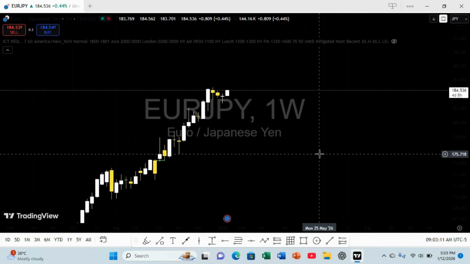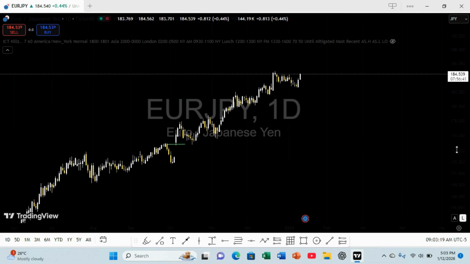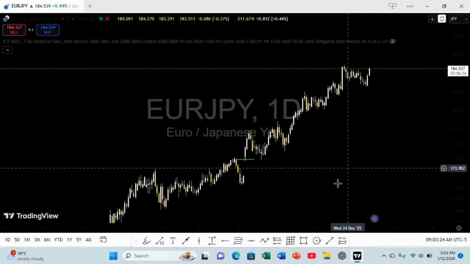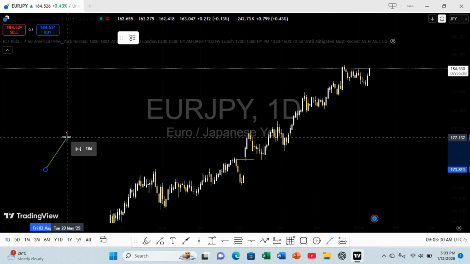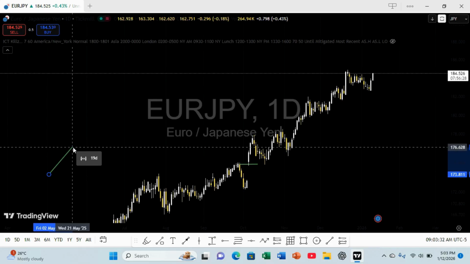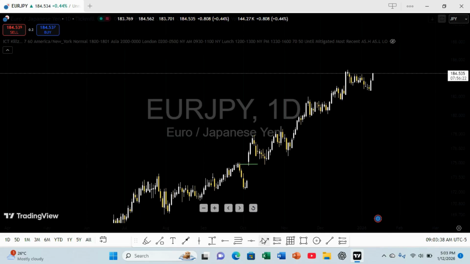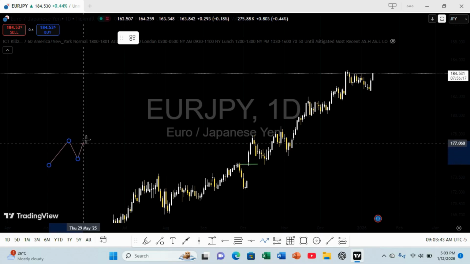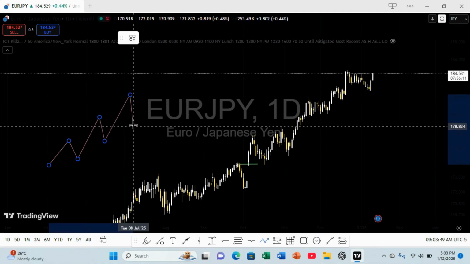So when I continue to the daily, I continue to look for the discount PDRs during the retracements. All of us know that the bull market always moves like this, making higher highs, higher lows, higher highs, higher lows.